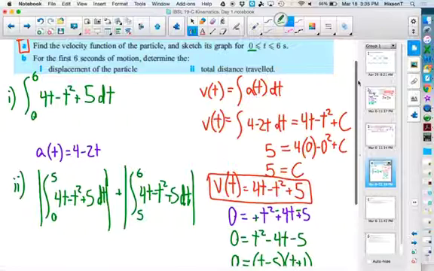That will give us our total distance traveled. So displacement, one big integral from start to finish. Total distance, you've got to take the pieces separately. All right, have a good day.